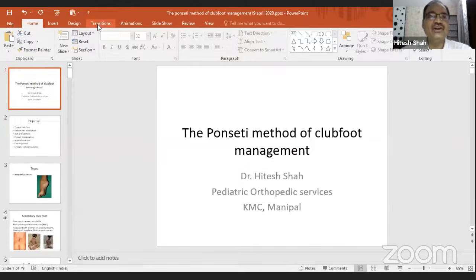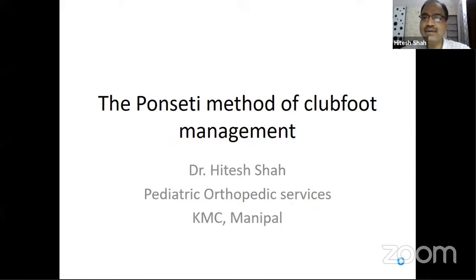So I'm going to talk on the Ponseti method of clubfoot management. The thing that changed orthopedics dramatically from operative to non-operative is clubfoot management. It's because of Ponseti's long-term results of clubfoot casting.